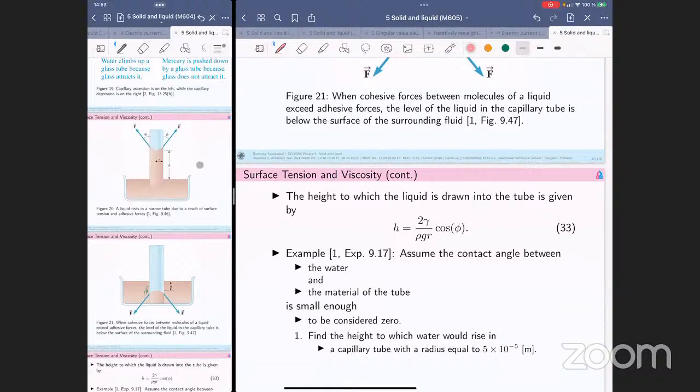higher height here, the level difference here, right? Okay, and if that liquid is very dense, if that liquid has large density, the height here will be small.